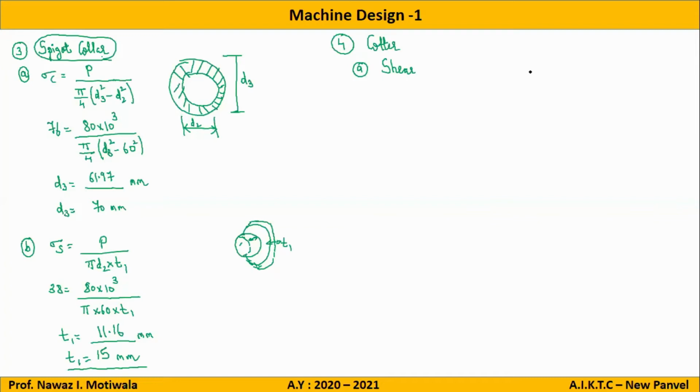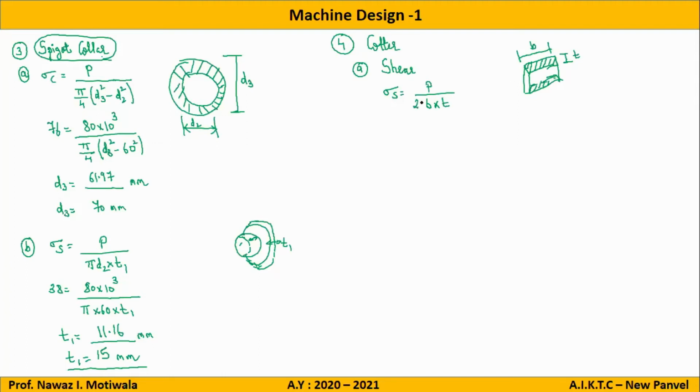So again, if you see the diagram, it will be like this. Sigma S is equal to P divided by B into T. So B into T on top side and B into T on bottom side also.